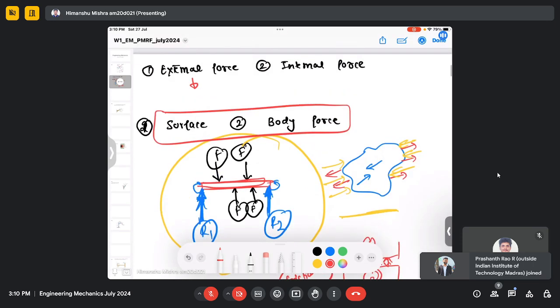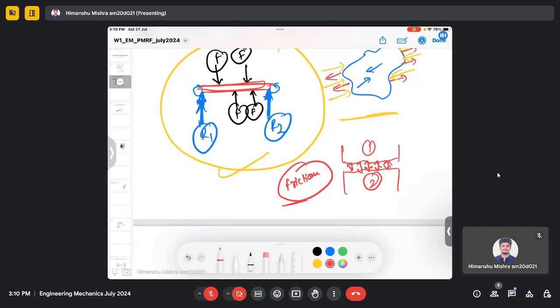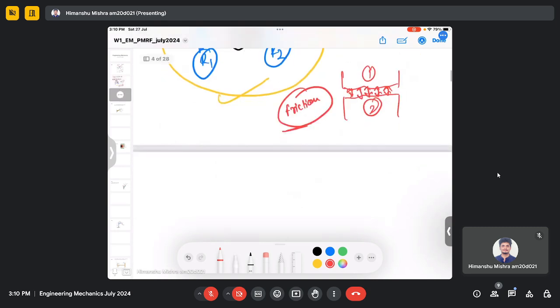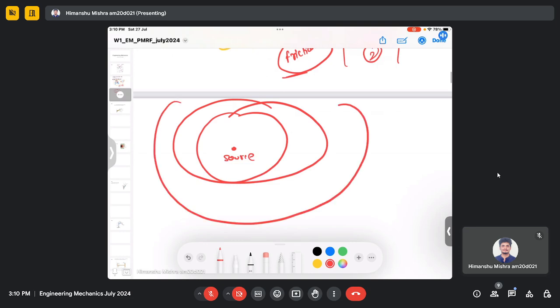Now the other kind of force is the body force. Let's say you have some field, due to an electric field or a magnetic field, or you have a gravitational field due to a source. So this is the source which is creating a field. Now you have a body which is inside this field. Due to this field, this body will experience some forces, and this is an example of the body forces. One example of the body forces is weight.